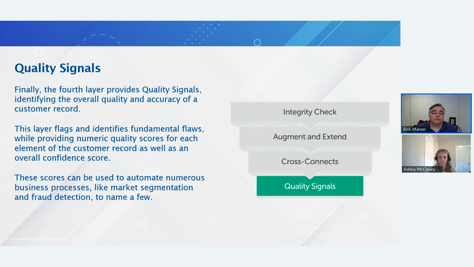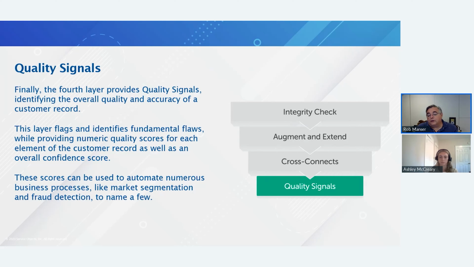And those numeric values allow you to start building out and automating a number of business processes, whether it's marketing segmentation, fraud detection, or any of the other things that we've talked about or will talk about today. A simple example is if you get a low scoring number, it doesn't mean you necessarily don't want to deal with that customer, but you might send them for internal review as an automated example. Or if they're a really high scoring customer, maybe you're going to accelerate them to your best performing sales team or something like that.